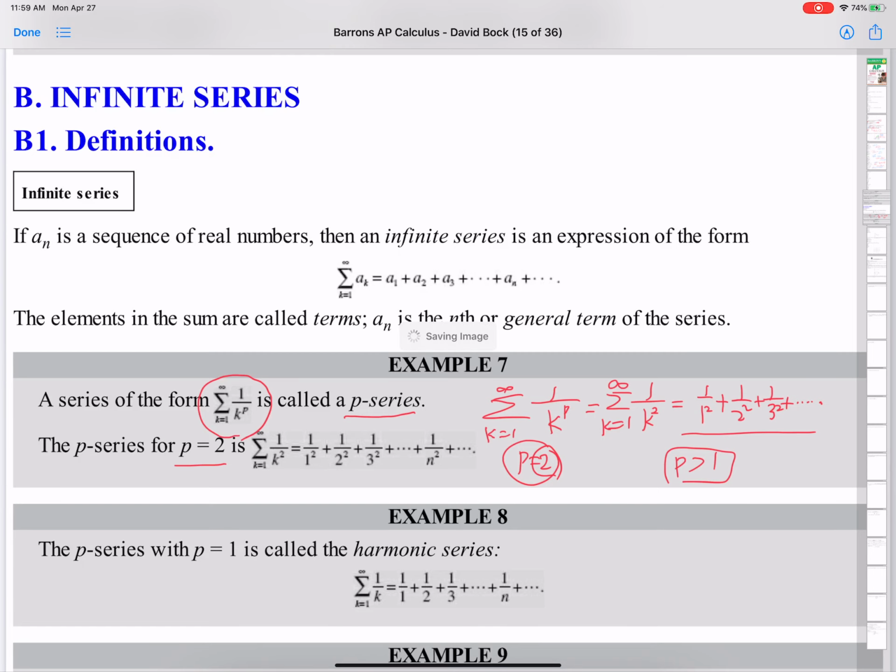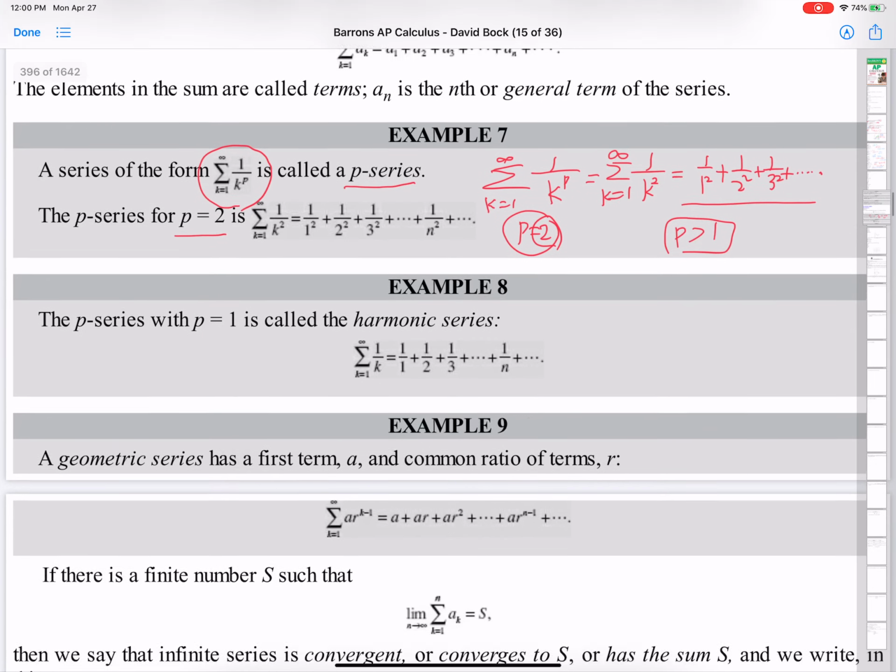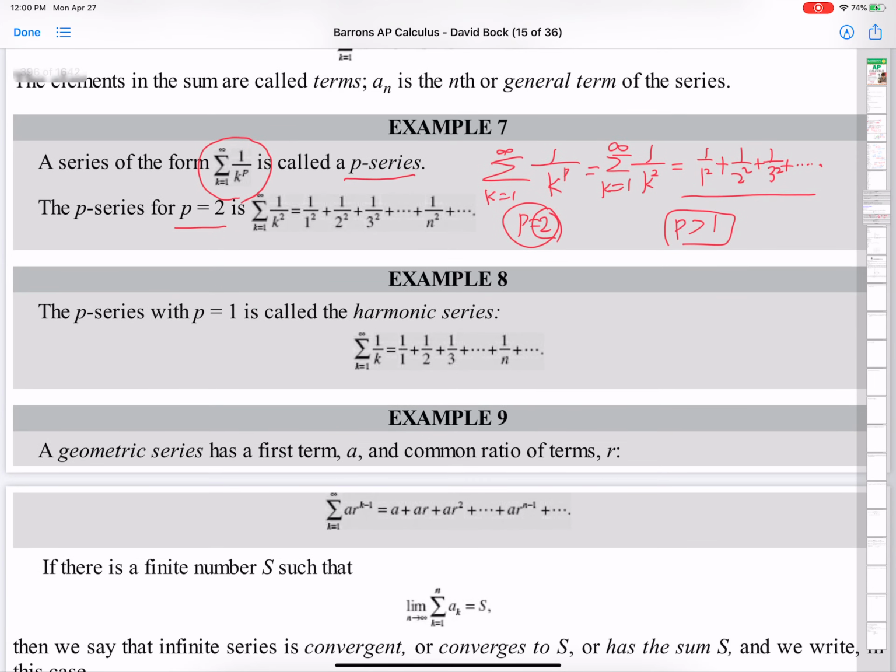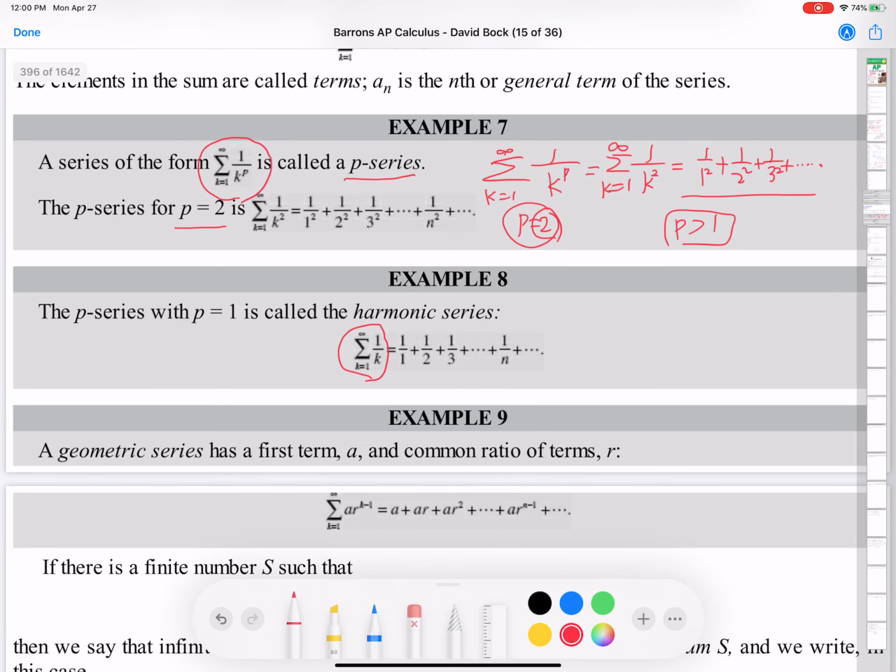Example 8 is about the harmonic series. A harmonic series is a kind of p-series, but if p equals 1 in a p-series, it becomes the harmonic series. Why? Because it's a p-series, sigma k equals 1 to infinity, 1 over k to the p power, but in this case p equals 1.